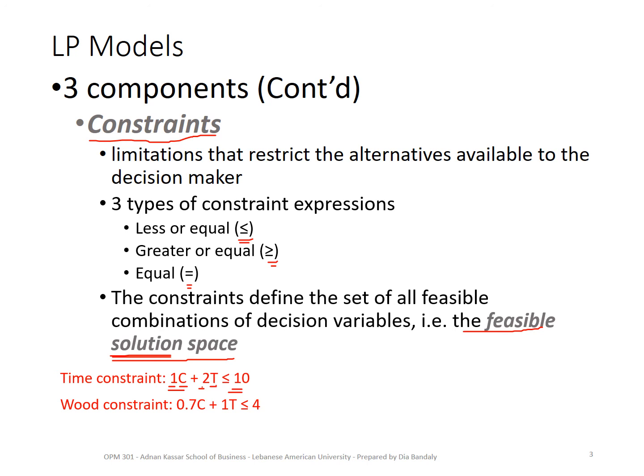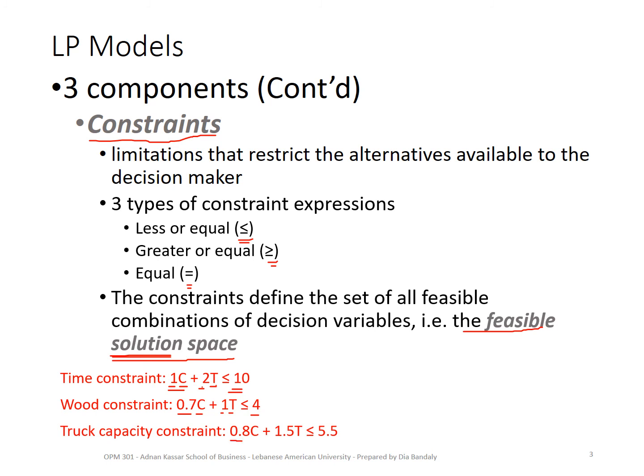Second is the wood constraint. Similar logic. I multiply 0.7 because this is how much I need for every chair, multiplied by C, plus 1 meter square per table times T should be less or equal than 4, which is the available wood for us. And finally, the truck capacity constraint.